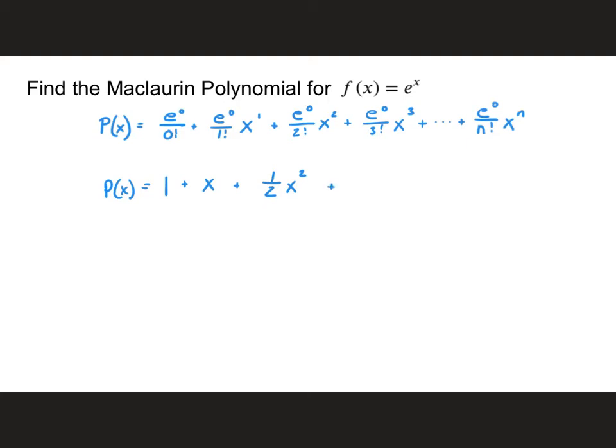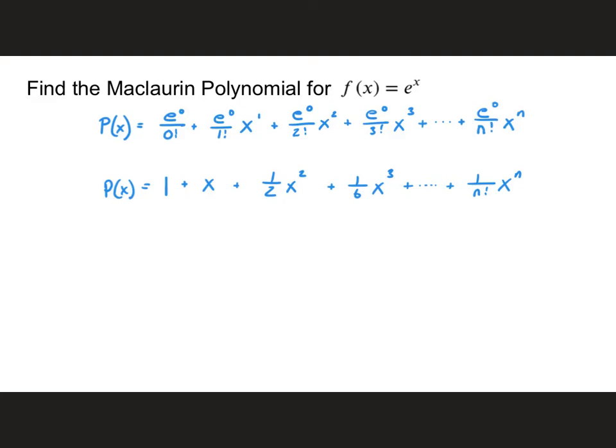And then I got 3 factorial. 3 factorial is 6, so I got 1 over 6 x to the third power. Hey, that's almost like it. And then we just skip out here a bunch, and we got 1 over n factorial x to the nth power. Very generic formula for e to the x. That works out really nice because the derivative of e to the x is e to the x, and I don't have to continue worrying about changing those top values.